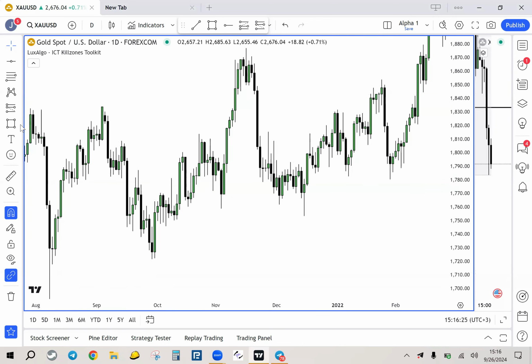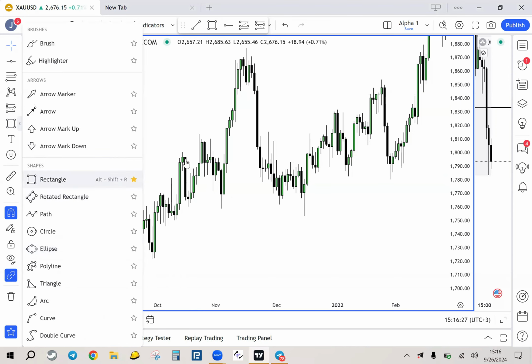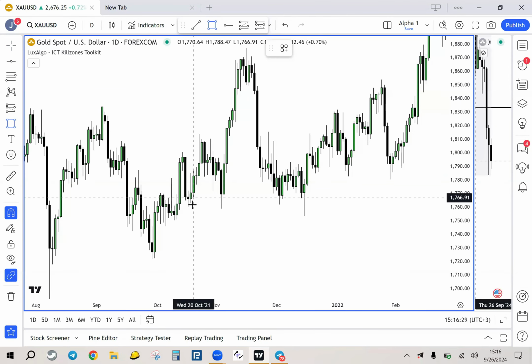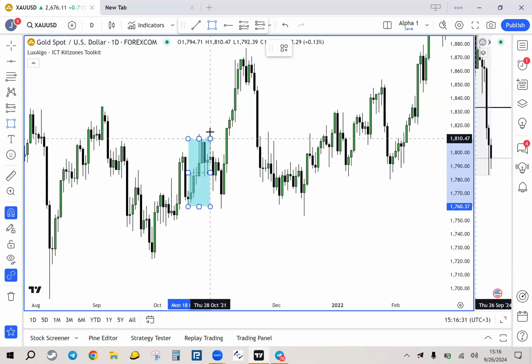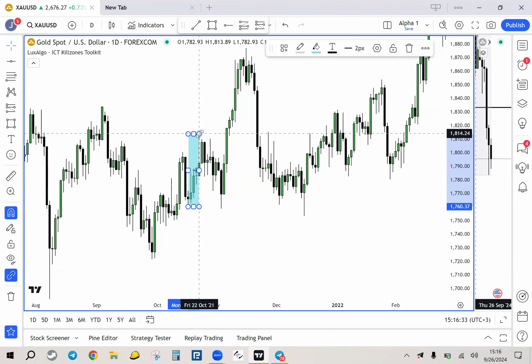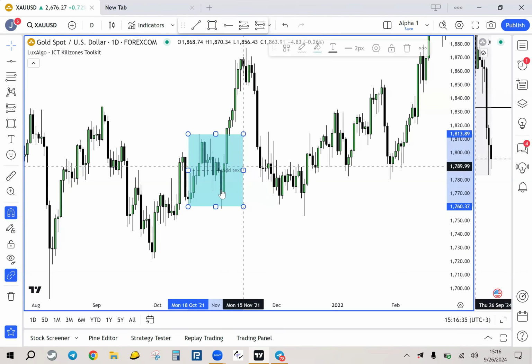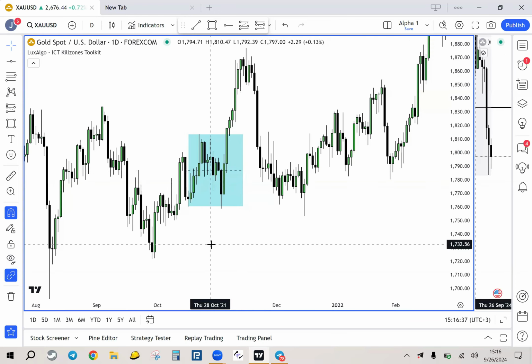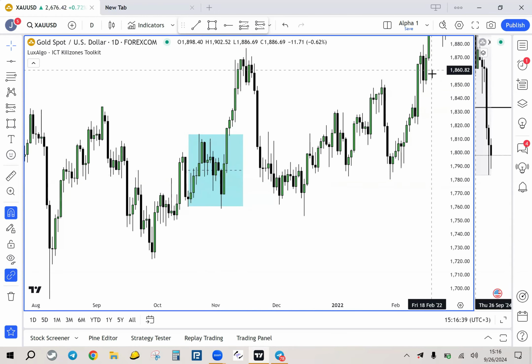You can see that I'm not using it. Okay, let's just take a rectangle. So from that low to this high, right? The midpoint is here. The midpoint is that dotted line. So if this is the midpoint, right?